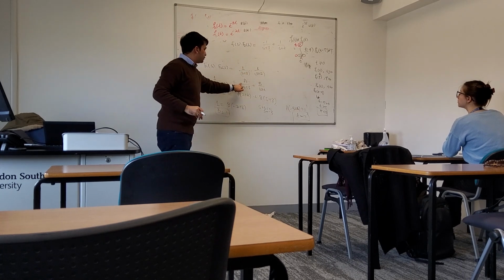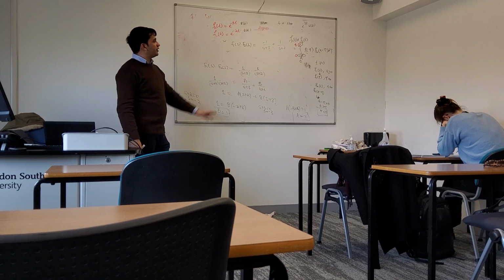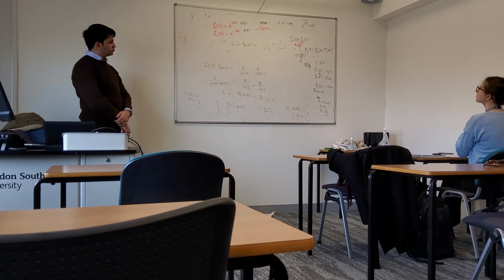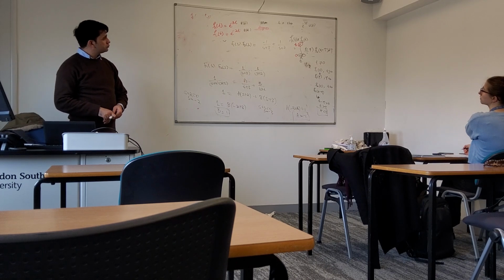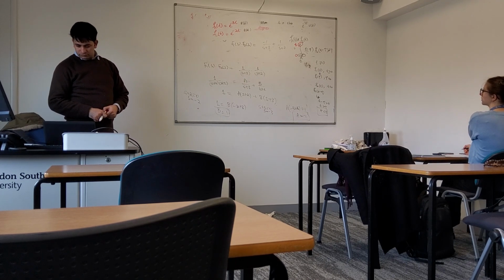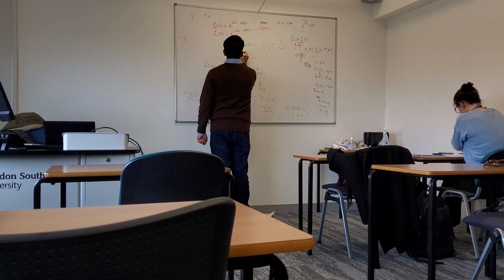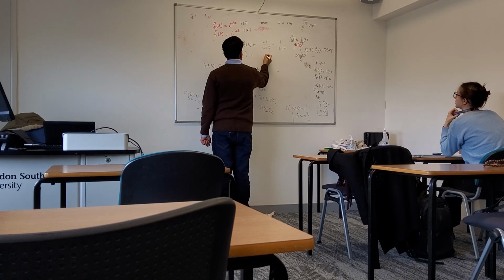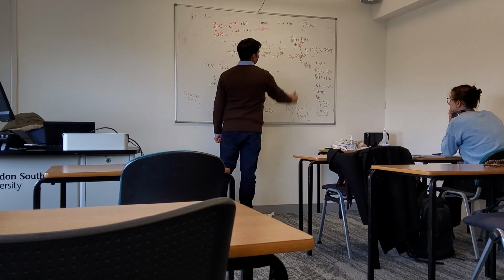This was converted into this. Now we know a and b, so I can say that. True? Okay, what is the inverse Laplace transform for those two? Well, it's just minus e to the power minus 3t plus e to the power minus 2t, for t greater than or equal to 0.